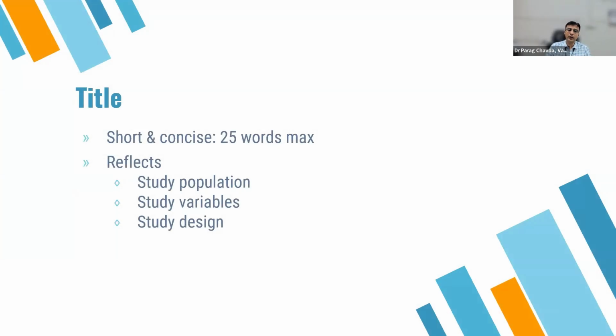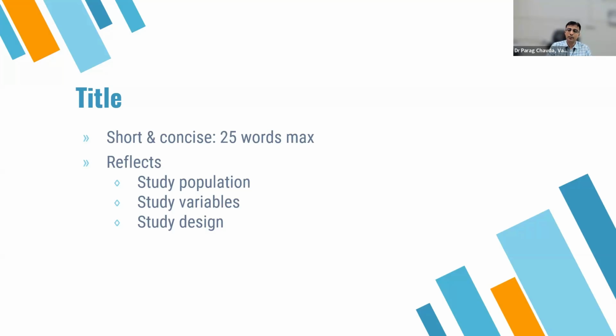When you frame the title, ensure that it reflects the study population and study variable, what you are interested in, what exactly your study reports about and among whom. If you can insert your study design also into the title, saying, so for example, a cross-sectional study.